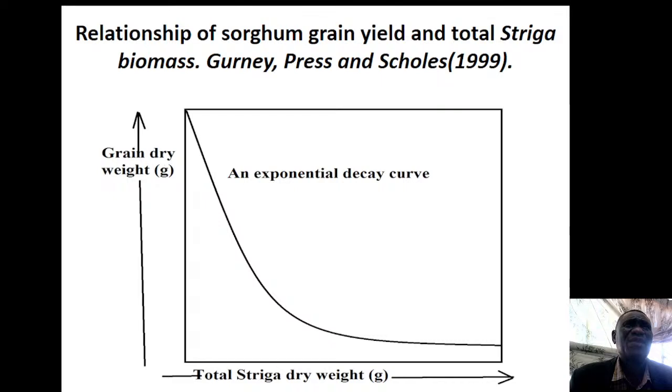It's known as an exponential decay curve. What this graph is saying is that you need a very small amount of Striga to cause a big effect. So if you have few Striga in your field, don't ignore it. You can get serious damage from seemingly few plants.